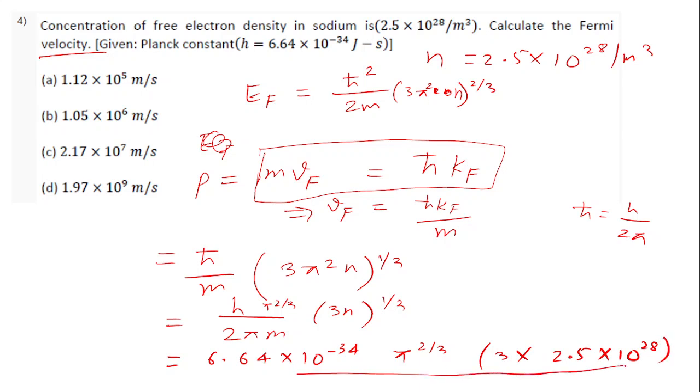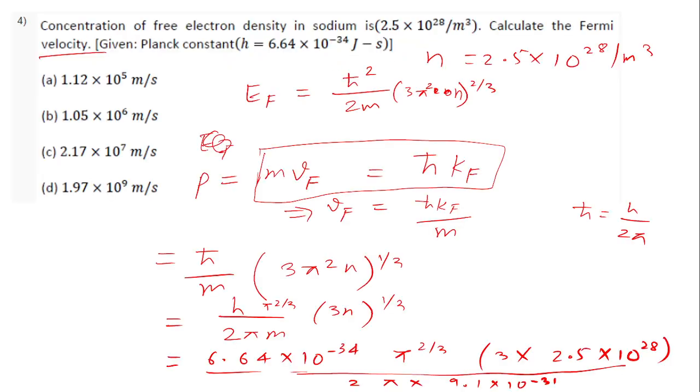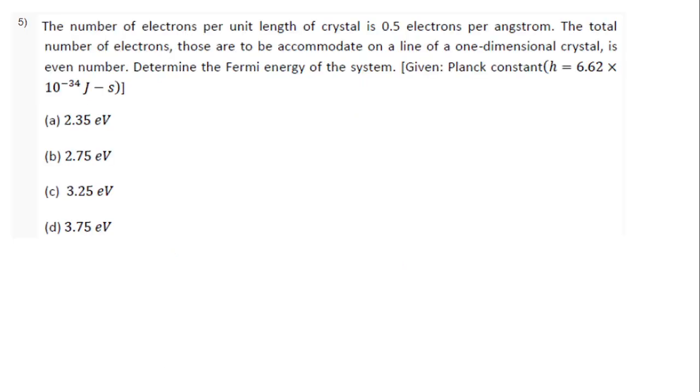In the denominator, we have 2 pi m, which is 9.1 times 10 to the power minus 31 kg. When I calculate all that, I will get 1.05 multiplied by 10 to the power 6 meters per second. This will be the correct answer.